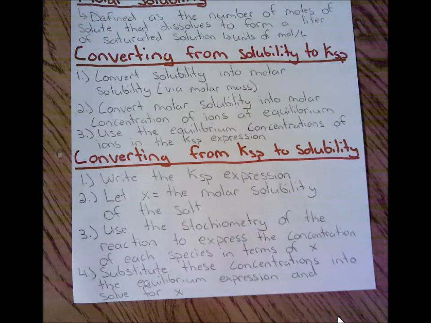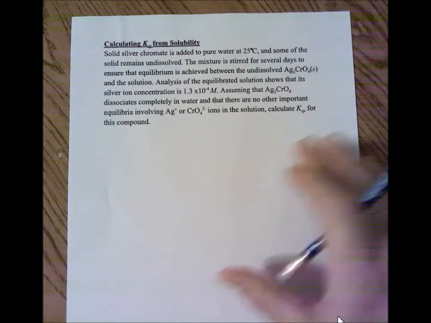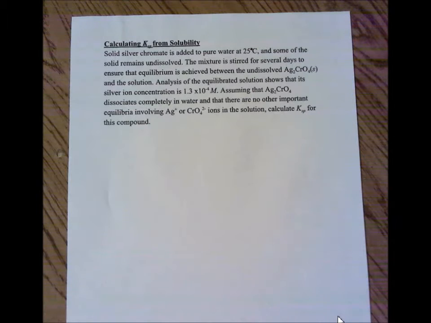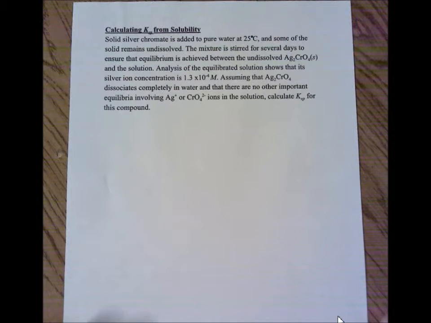We have a lot of information here, and we're going to pick through this, and we're going to be able to solve for our KSP. We have solid silver chromate added to pure water at 25 degrees Celsius, and some of the solid remains undissolved. The mixture is stirred for several days, hopefully not by hand because that would be tiresome. But anyways, this ensures that equilibrium is achieved between the undissolved silver chromate and the solution.